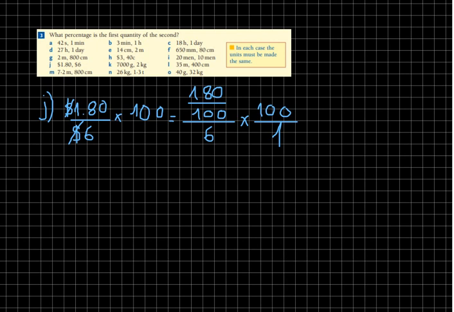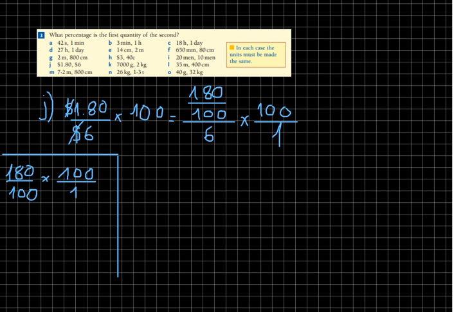I'm going to do that right here, and you will see that when we multiply both numerators, something really interesting is going to happen. 180 over 100 multiplied by 100. For that we need to place a 1 below the 100 so we can get a fraction.